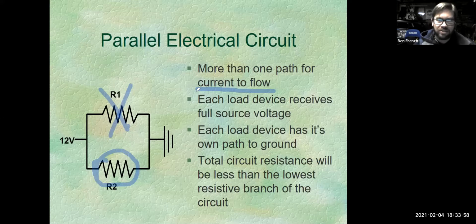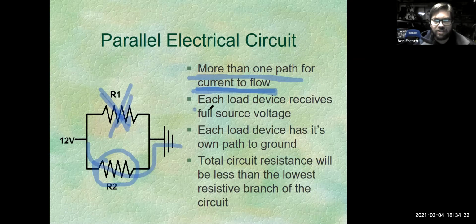But what makes it so practical and useful to us is also what makes it more complicated for our brains to figure out, because now, same thing, we have more than one path for current to flow. So, you know, this side can keep working almost independently of what's going on with this side.